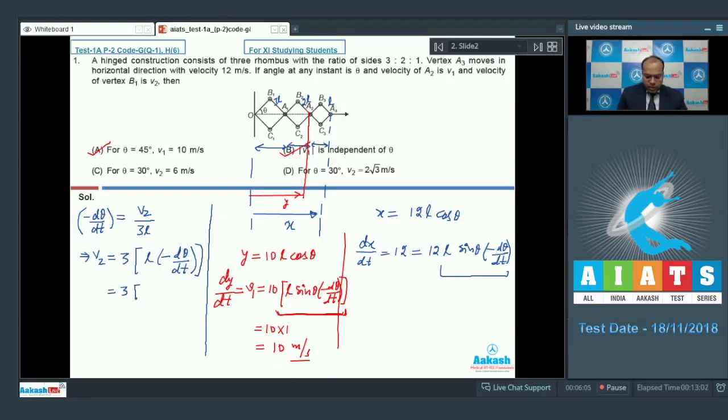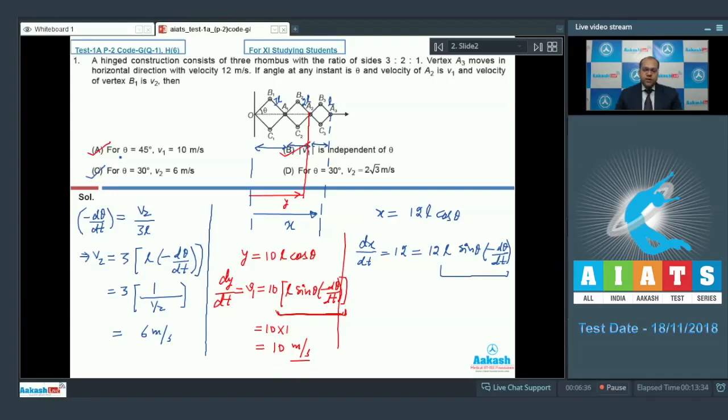So that is equal to 3 into 1 by sin theta, and we have to calculate the value of sin theta at theta equal to 30 degree, which comes out to be 1 by 2. So it comes out to be 6 meter per second. So option C is correct and option D is wrong. So the correct answer for question number 1 are options A, B and C.